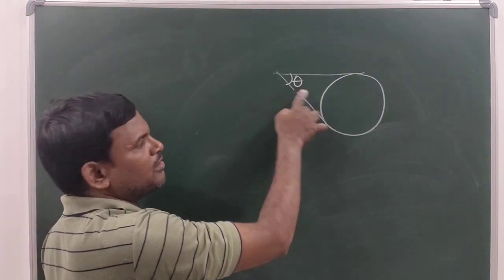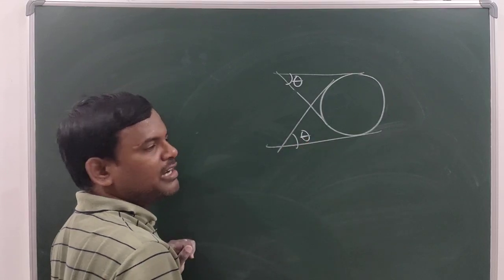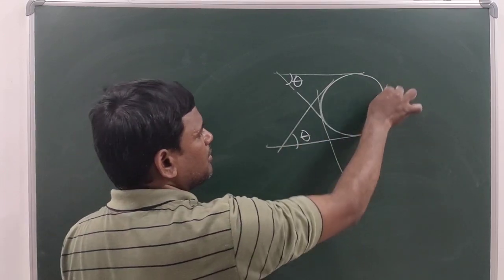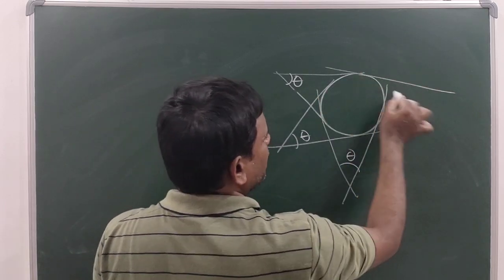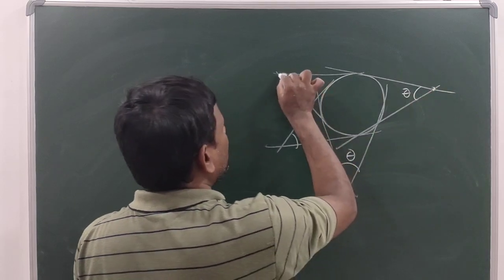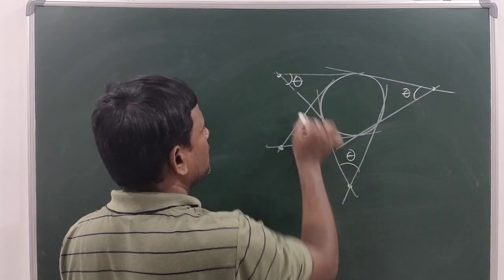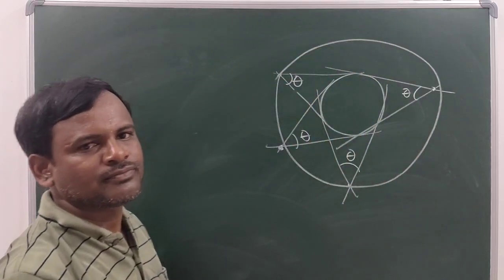Here, some more tangents may make an angle theta. Here, one more pair will make an angle theta. So if you connect all these points of intersection, you will get a circle only.